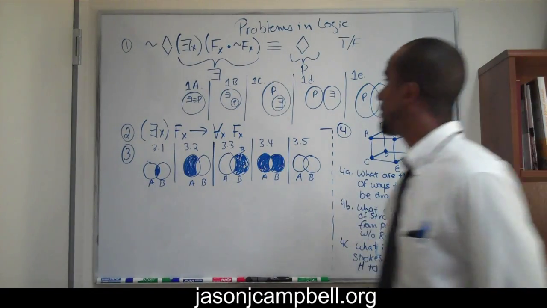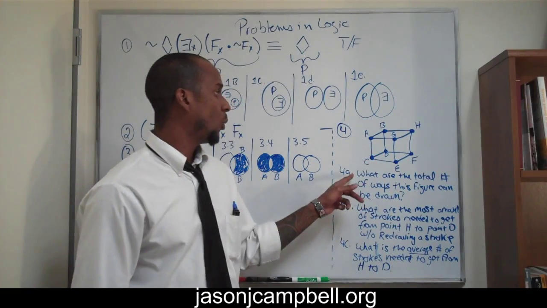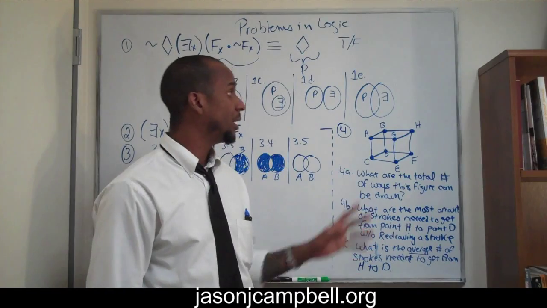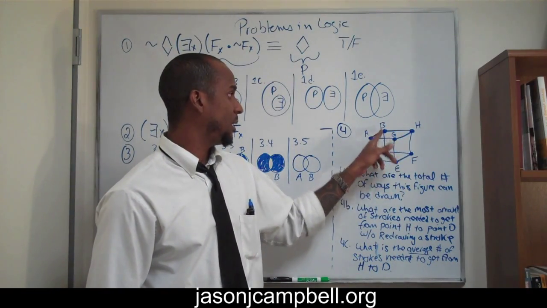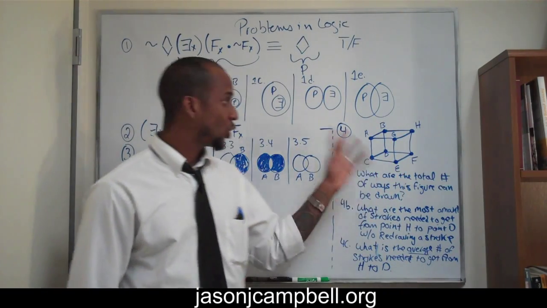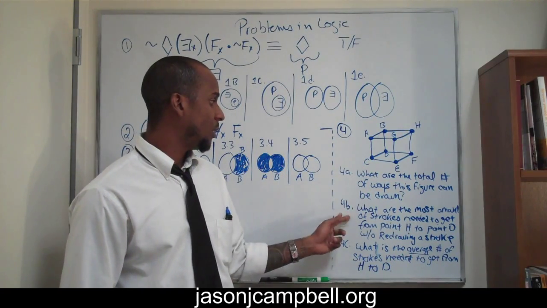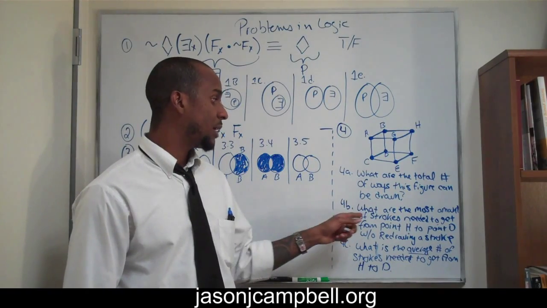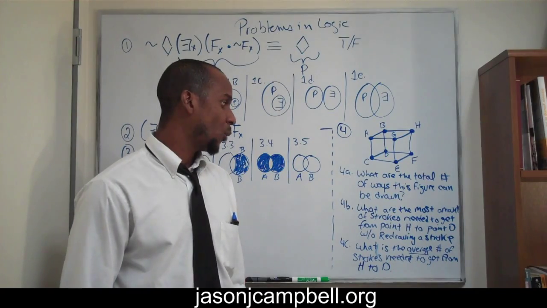Number 4 is, given this cube, what are the total number of ways this figure can be drawn? In its totality, from A to C, from H to G, from B to D, from D to B, and so on. What are the total number of ways that this can be drawn? Number 4B, what are the most amount of strokes needed to get from point H to point D without redrawing a stroke?